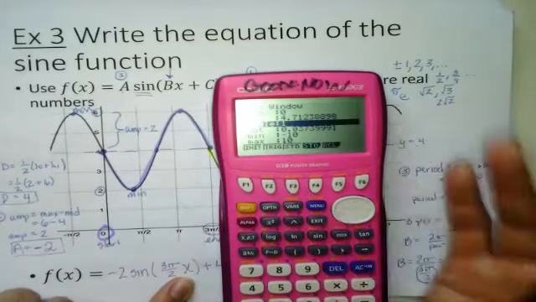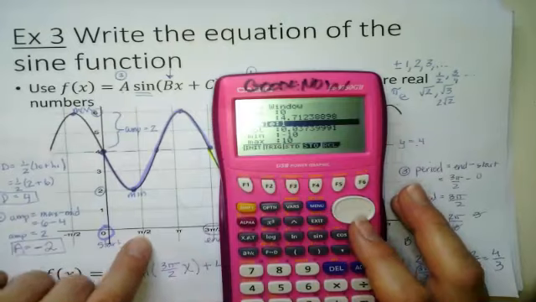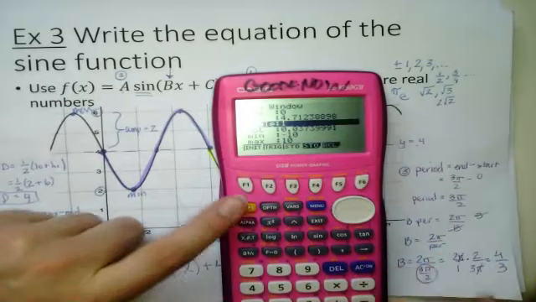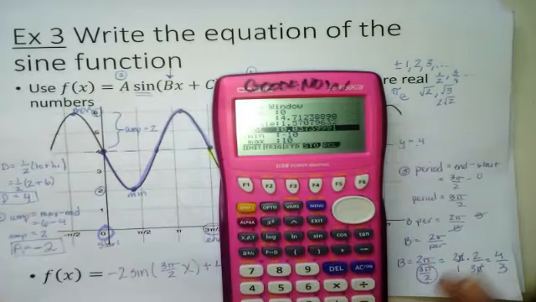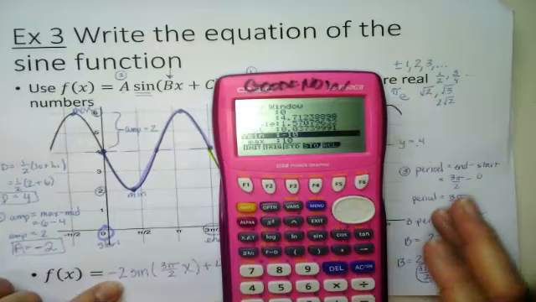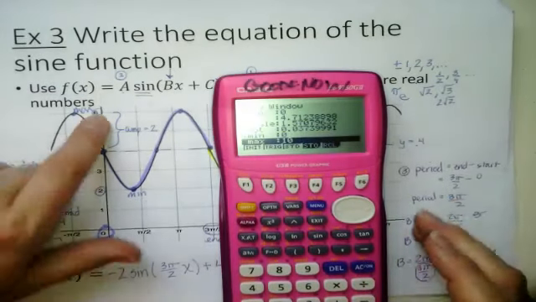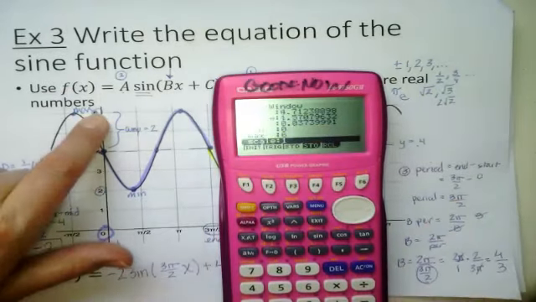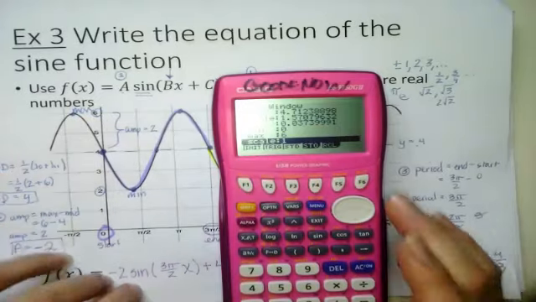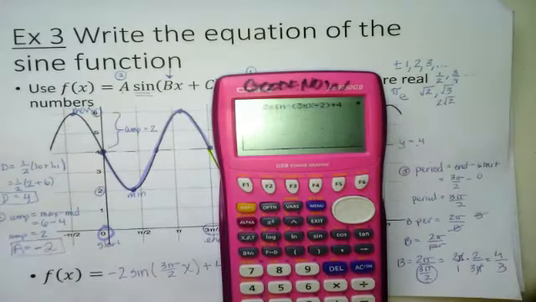The scale is the tick mark. That's pi over 2 in this case. You don't really have to change that. I don't know what dot is. The y minimum in this case is 0, and the y maximum is 6. And the scale is 1. All right, and then we're going to go ahead and draw that. Uh-oh.